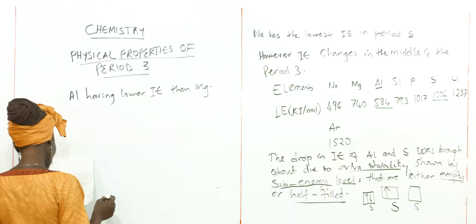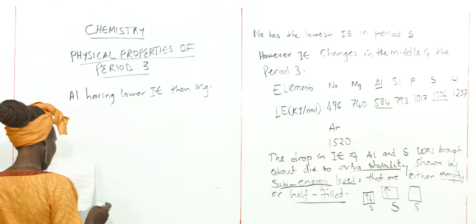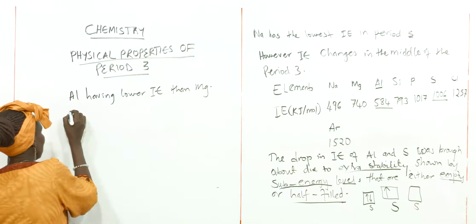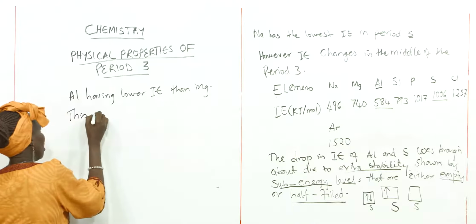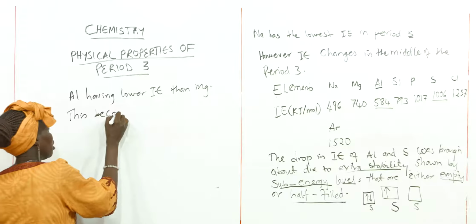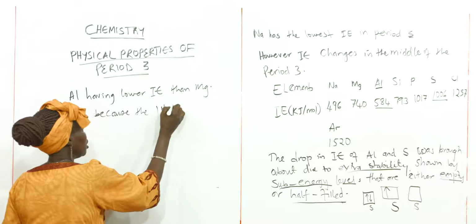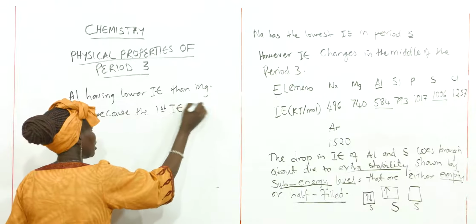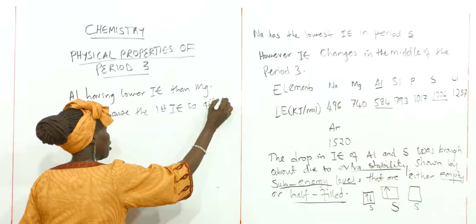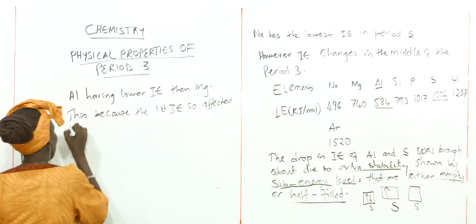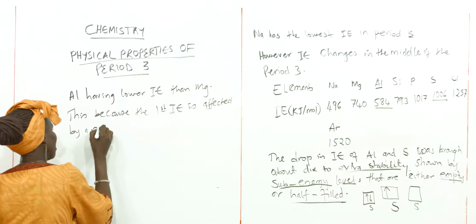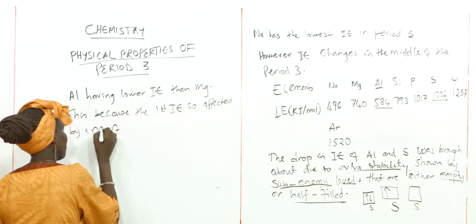So this is because the first ionization energy is affected by a number of factors.